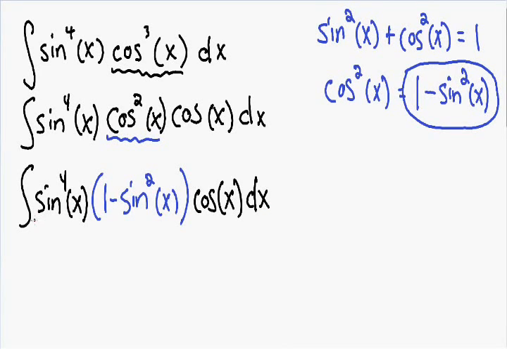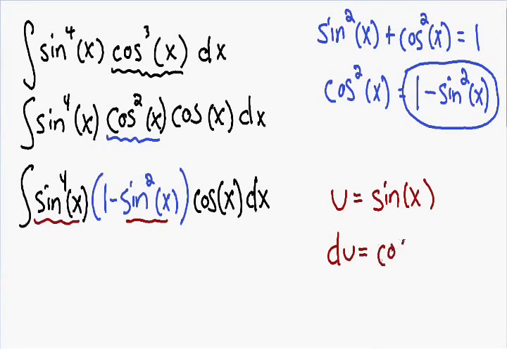If we pick our u to be the sine of x, so our u is equal to the sine of x, and then our du is going to be the derivative of the sine of x. The derivative of the sine is the cosine of x, and we can't forget to put our dx.